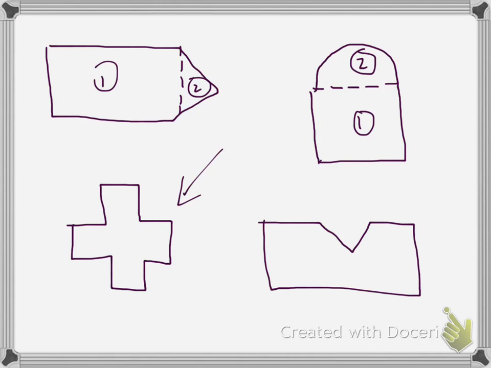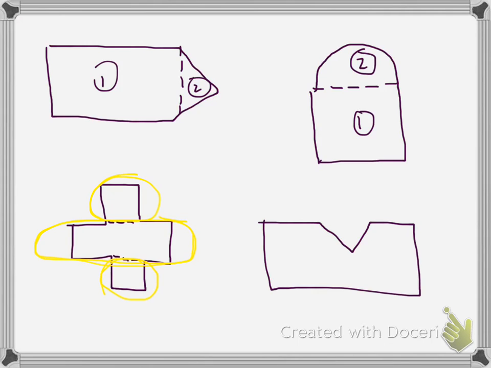Down here, this symbol that looks kind of like a plus sign, I might see this as 3 shapes. If I did some dotted lines here, then I have a rectangle right here, and then I have one square here and another square here.